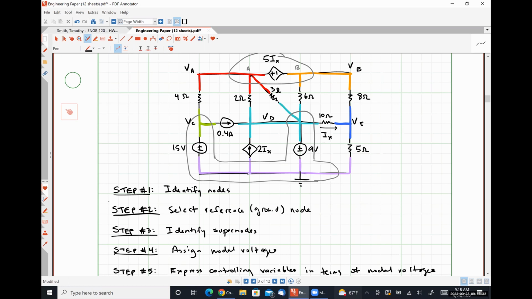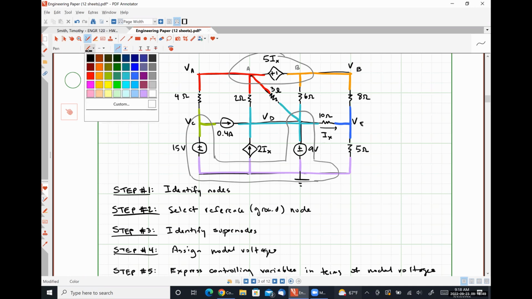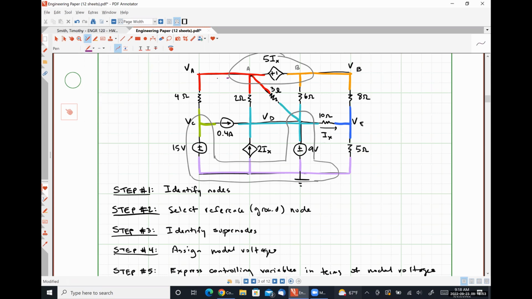So our supernode at the top containing nodes A and B does not contain the ground node. So we are going to have to write a KCL equation for that particular supernode. What that KCL equation is going to entail is us adding this current, this current, this current, this current, and this current together simultaneously.